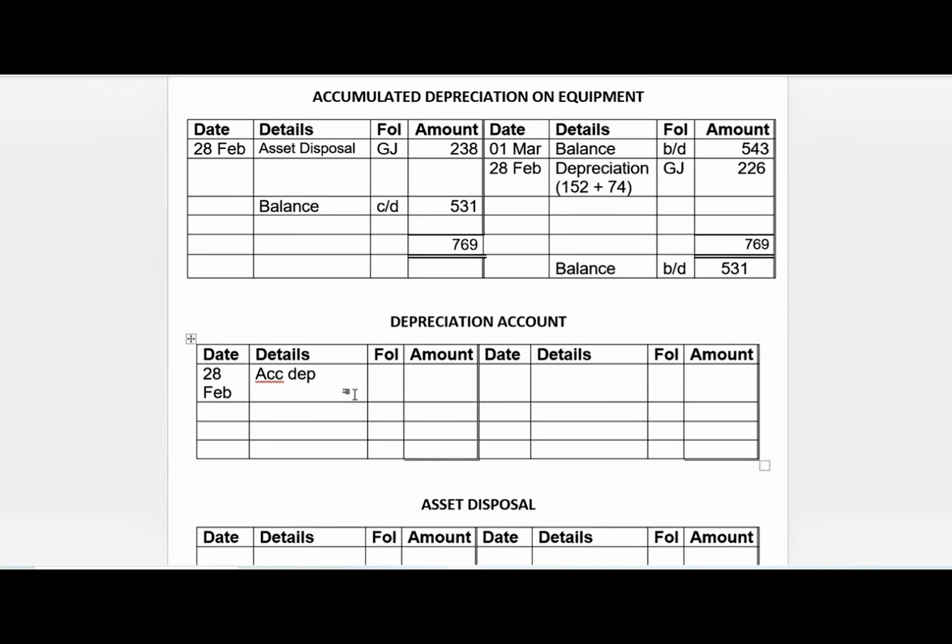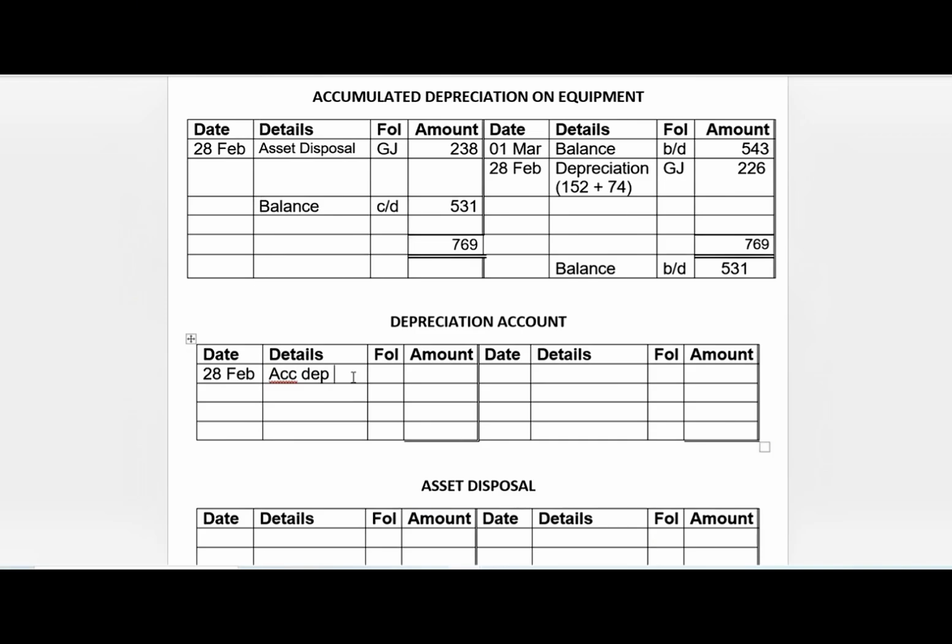Accumulated depreciation account, right? And then you're going to say general GJ right there, and the amount you're going to take is this amount, this one, right? You don't have to indicate calculations, you already did that. Now you're just applying the duality principle or the double entry system, all right?